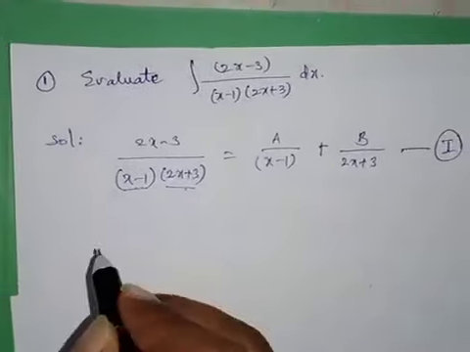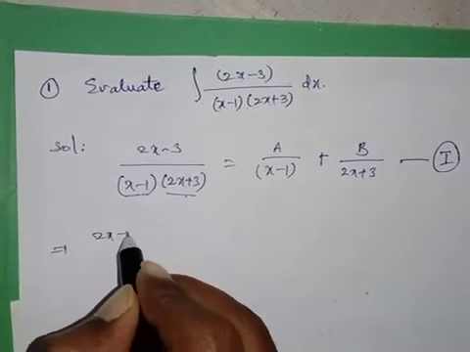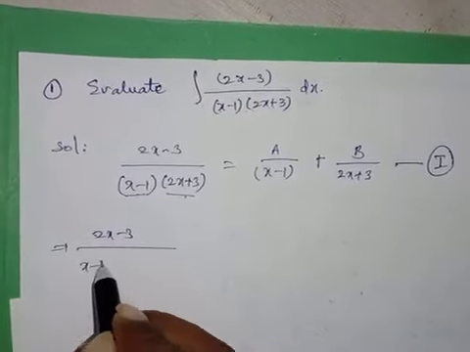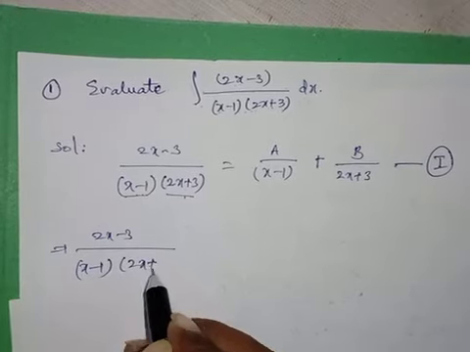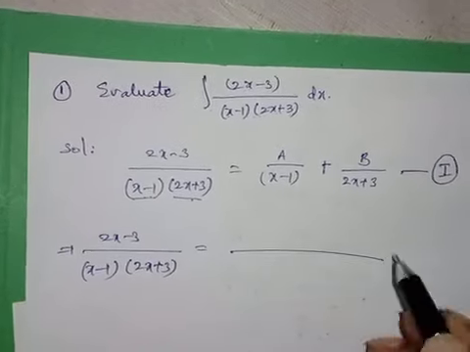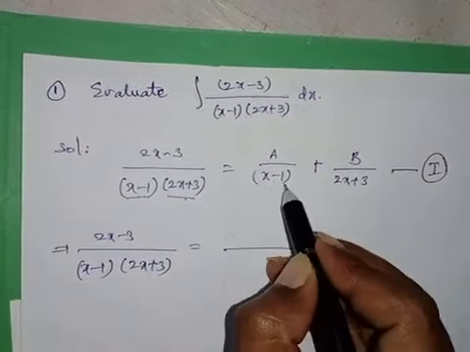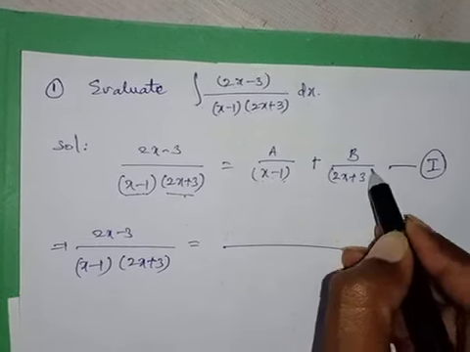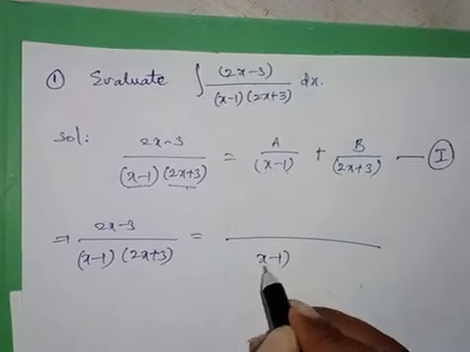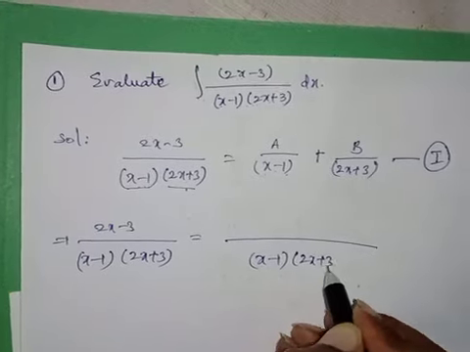The next, (2x − 3) upon (x − 1)(2x + 3) is equal to the LCM. First one is x − 1, second one is 2x + 3. LCM is (x − 1)(2x + 3).